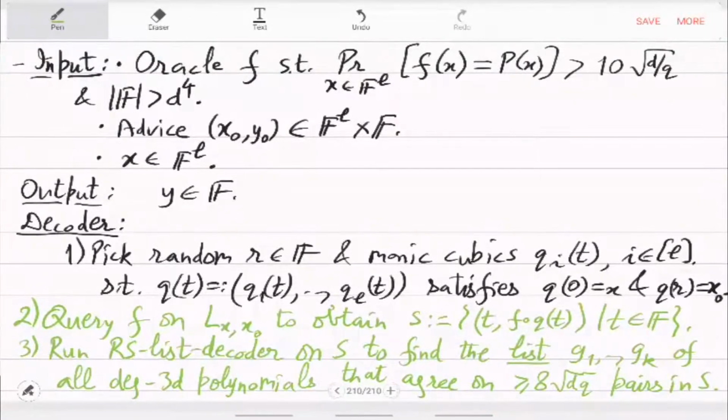It's slightly less, so there is a good chance that this will happen given the guarantee on f. There is a good chance also because the cubic curve was picked randomly. So there is a good chance that this distribution will be there and you will actually correctly get G1 to Gk, out of which one will be right.